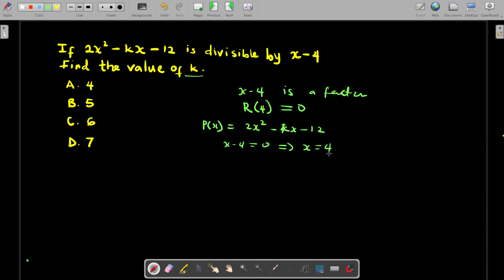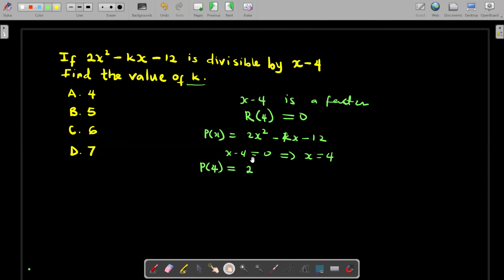And if x is 4, what do we do? Just say p of 4 equals to what? 2 into bracket 4 squared minus k times 4 minus 12. And this gives us 2 times 16, that is 32, minus 4k minus 12 will give us the remainder.